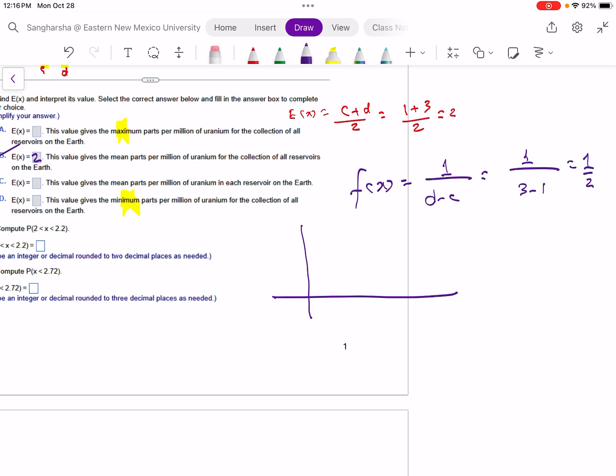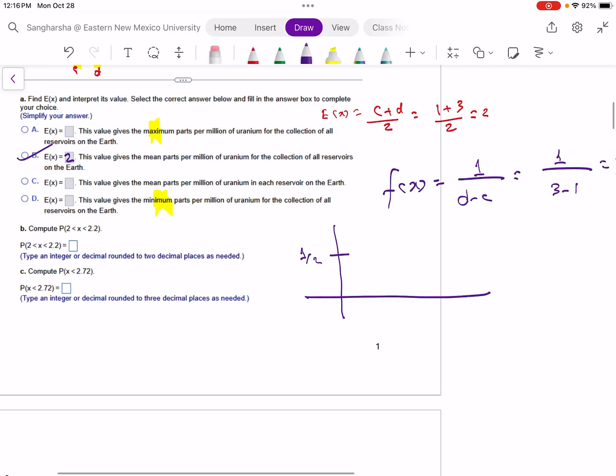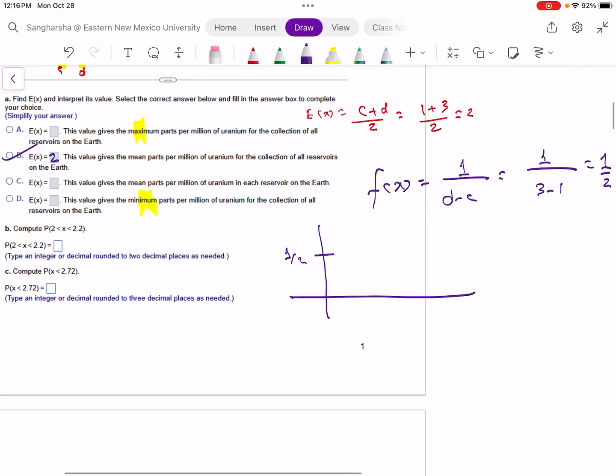We get a horizontal line. If you have a uniform distribution, your graph is always a horizontal line. So you draw a horizontal line at 1 over 2. Let's say this is 1 over 2. And x is starting from 1 and ending at 3. So let's say this is 1 and this is 3. So you are drawing a horizontal line starting from 1 and ending at 3 at the height 1/2.